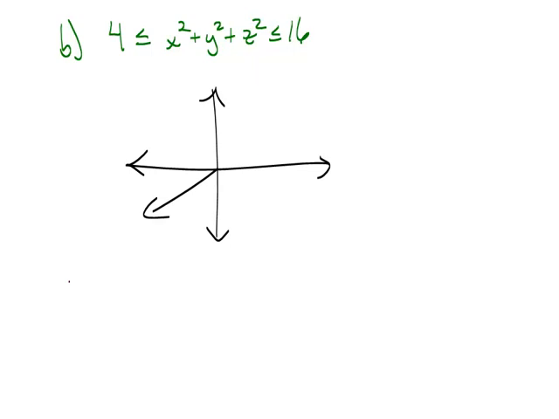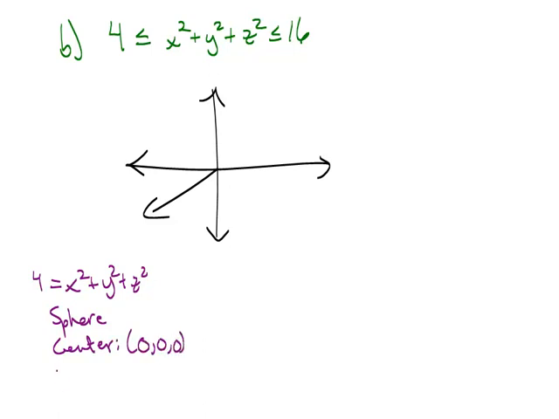Remember that x squared plus y squared plus z squared equals 4. That is a sphere, center at the origin. Radius is what? Hope you said 2 and not 4. Remember, it's the square root of 4. If you said 2, that's good.